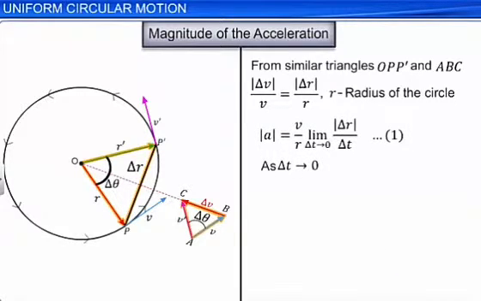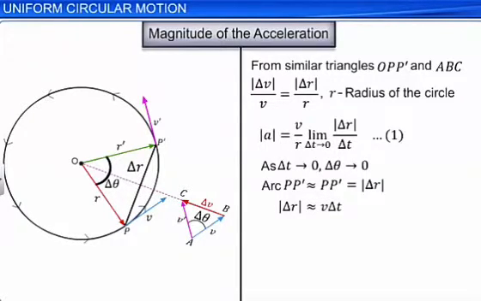As Δt approaches 0, Δθ also approaches 0. Arc PP' is approximately equal to PP', which is equal to |ΔR|. |ΔR| is approximately equal to VΔt.